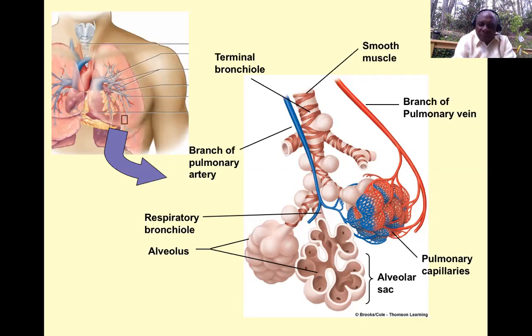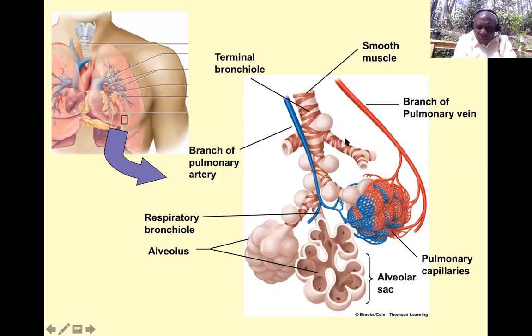They have a grape-like structure, which allows for increased surface area. If you were to flatten the whole surface of the alveola, it would be the size of a tennis court. So this is massive increased surface area.